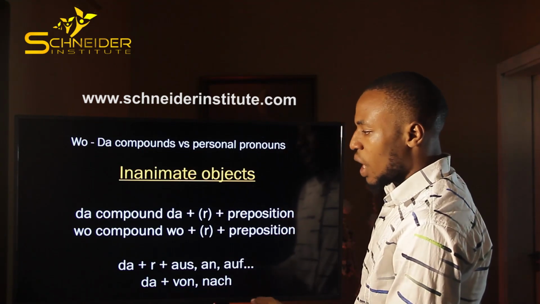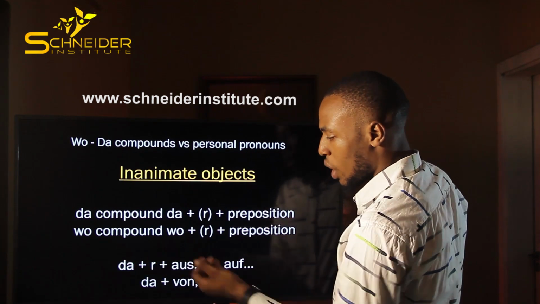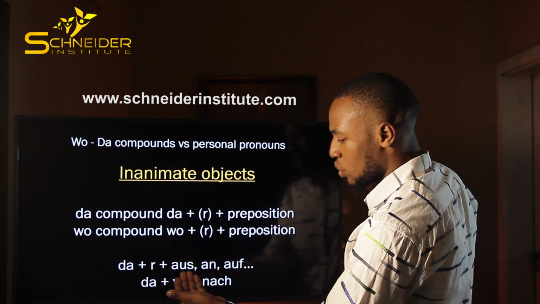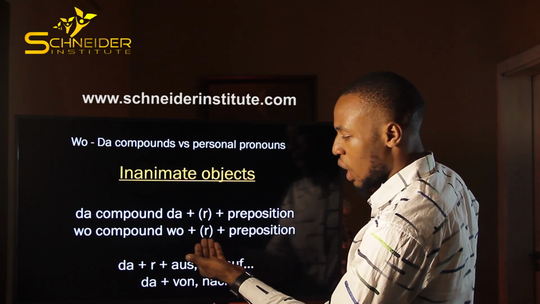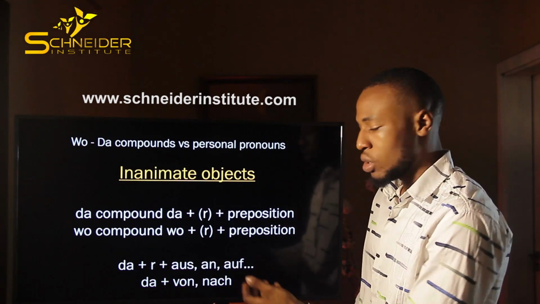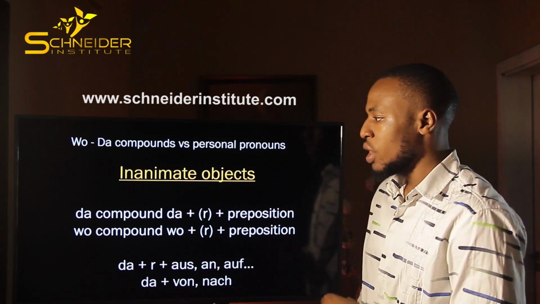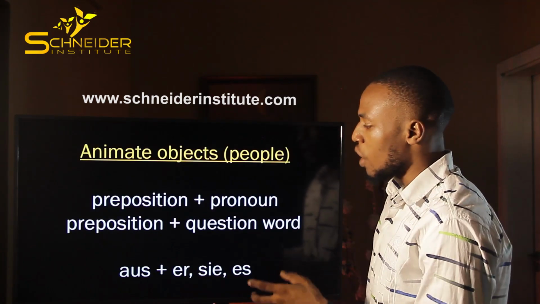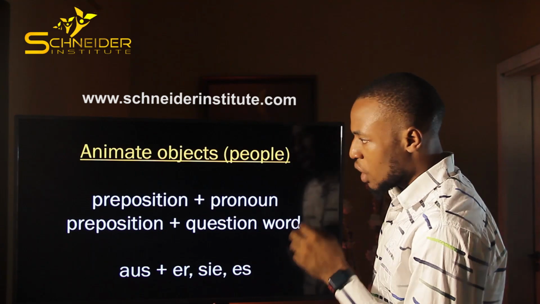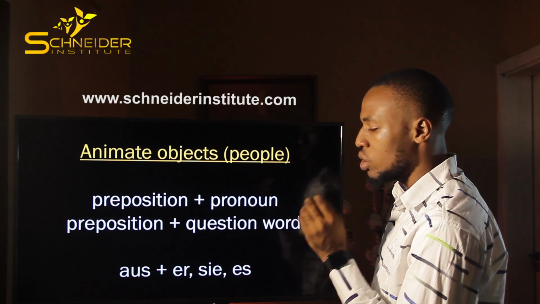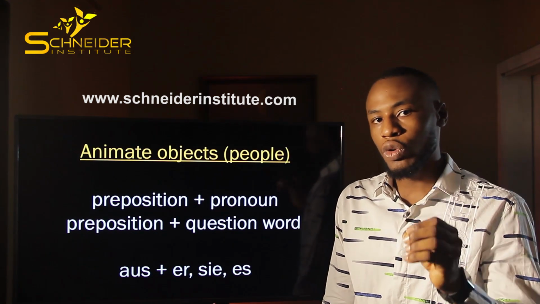The same thing applies to the wo compound. When you have the wo word and then the preposition starts with a vowel, then you have to introduce R. But if it doesn't start with a vowel, then you simply ignore it. Now the next slide we have is for animate objects. For animate objects, in this case you don't use the da or the wo compound.